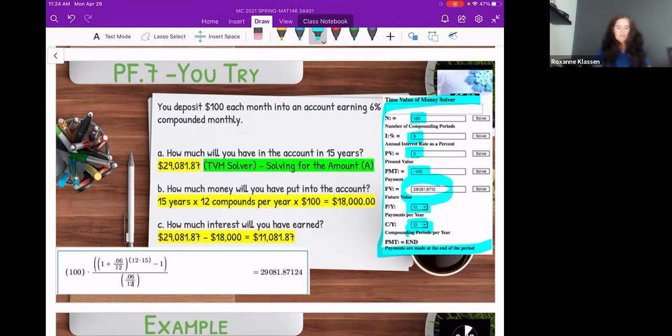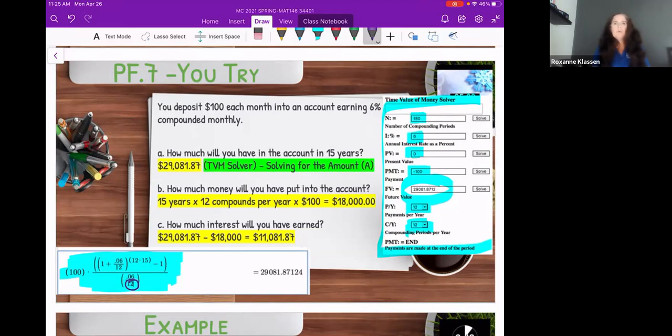If you use the formula, it's the same formula we just used. You just have to make sure you change the items in your formula, right? So change the 1,000 to 100, change your 8% to 6%, change your annually to 12 since it's monthly, and then you have to do 12 times 15 and make sure you put it right here. This is where I usually forget it, by the way, right here in this last spot.